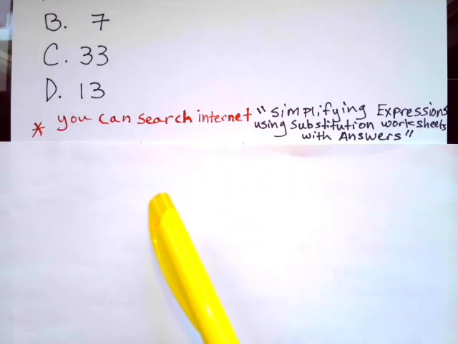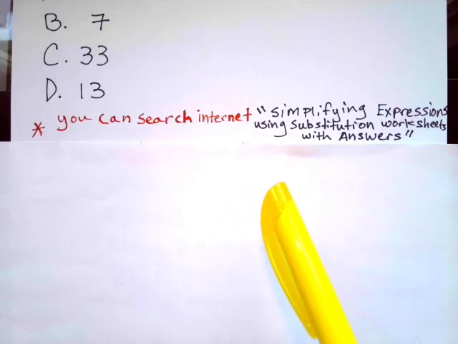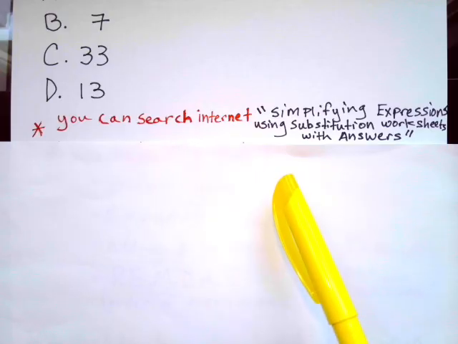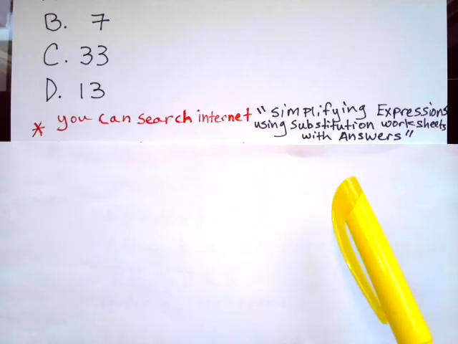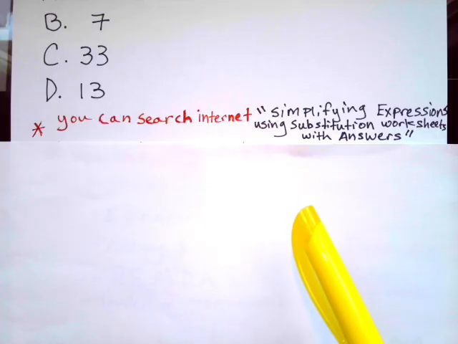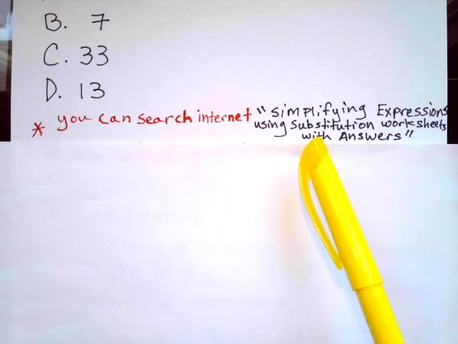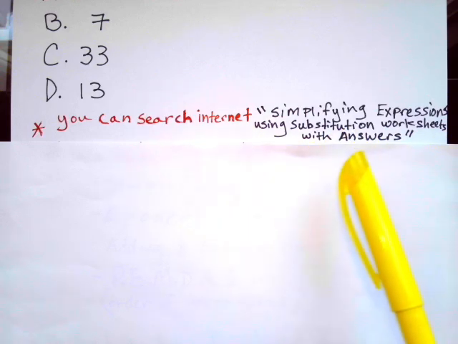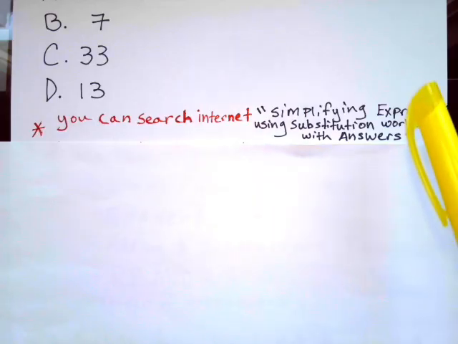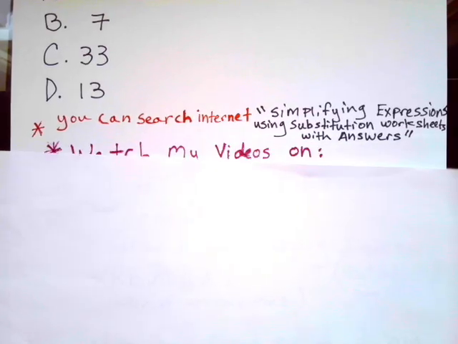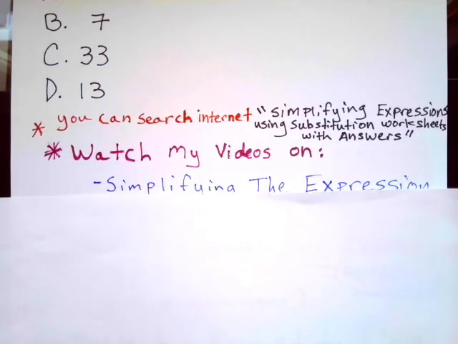And another thing, when you can spot your mistakes, you're very, very close to possibly mastering a skill, or at least understanding what it is that you're working on at the very least. So those are some really good signs. Look for simplifying expressions using substitution worksheets with answers. So if you want to practice the skills I'm going to go over today, go ahead and check that out. You want to watch some of my videos on simplifying expressions.